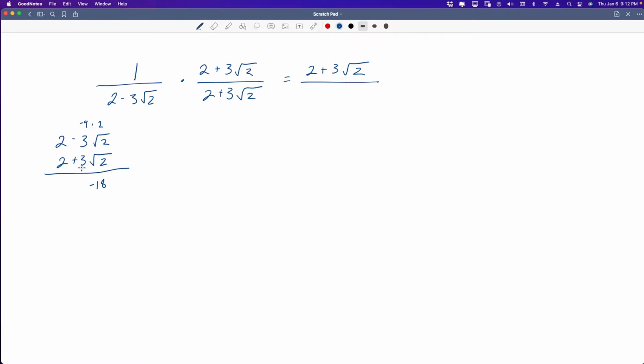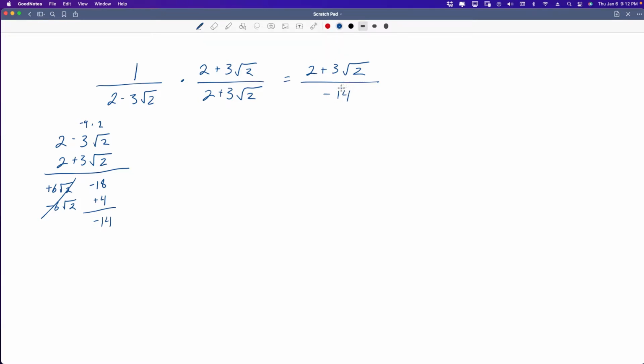Okay, so now positive 3 times 2 times the square root of 2 is going to be a positive 6 times the square root of 2. Positive 2 times the negative 3 times the square root of 2 is going to be negative 6 times the square root of 2. And a positive 2 times a positive 2 is a positive 4. These two cancel, so we have a negative 14. Okay, this is negative 14.